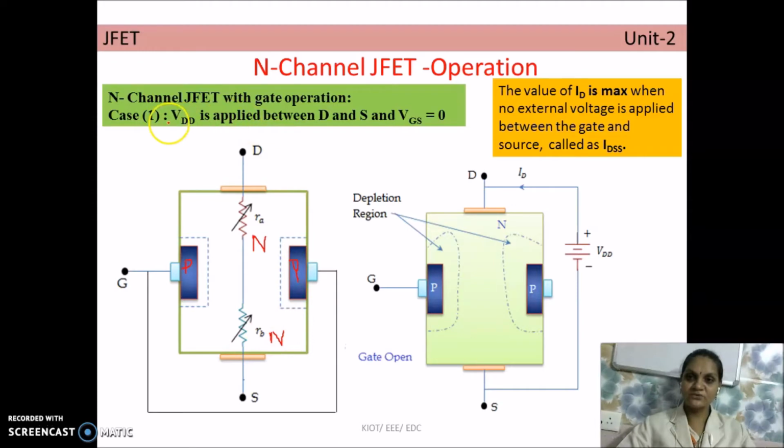Now we are coming to the second case, because the unbiased condition is taken as the first case. Now we are applying VGS equal to 0. So VGS is left open and VDD alone is applied. VDD is always made positive at the drain terminal in an N channel JFET.